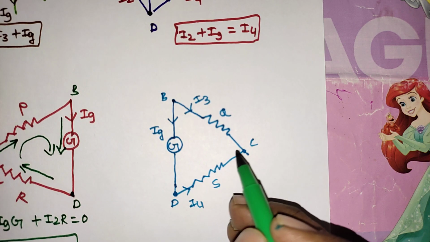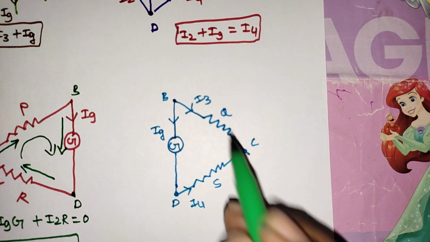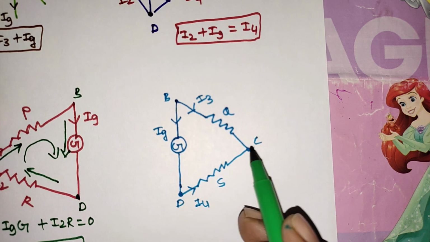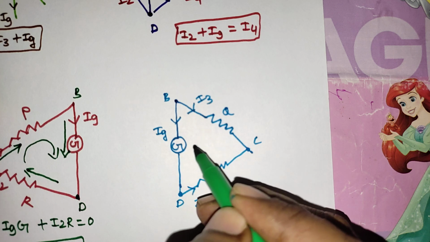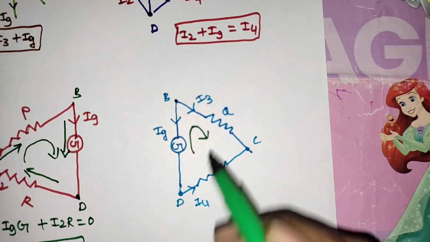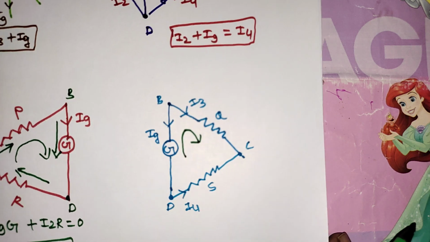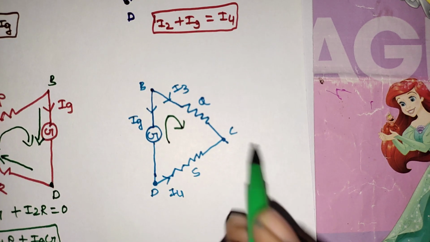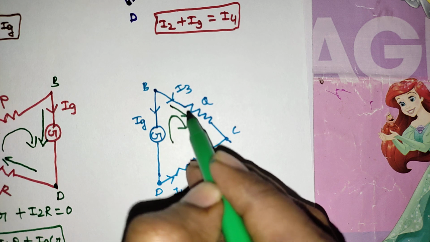You can observe in the second loop, BCDB loop. Here also I am going to travel in the clockwise direction only. You can start from B to C. If we are moving from B to C, both are in the same direction.